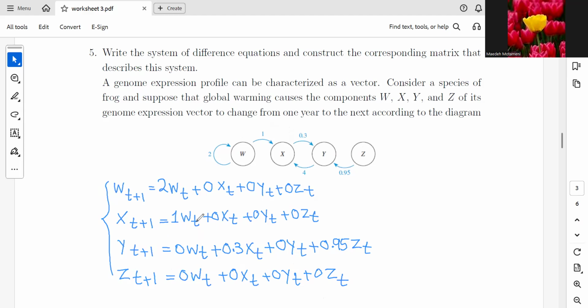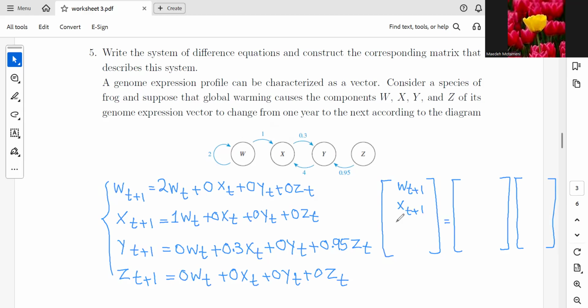From this system of equations, we can write the matrices. So for the left part, for the coefficients, and for the variables. W t plus 1, x sub t plus 1, y sub t plus 1, z sub t plus 1.